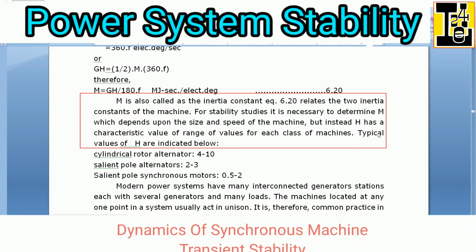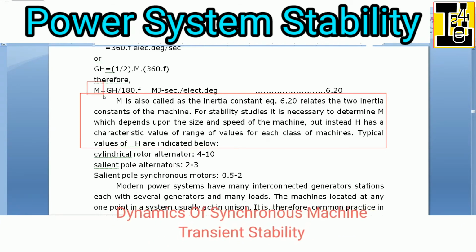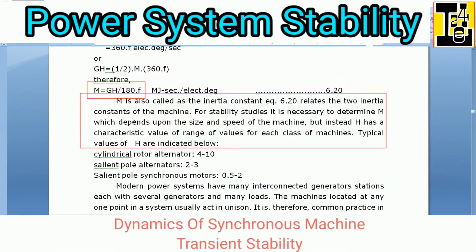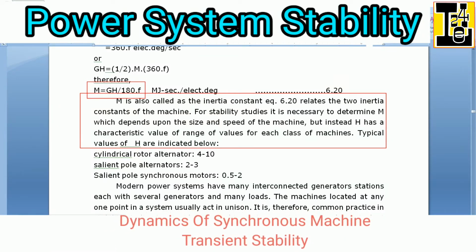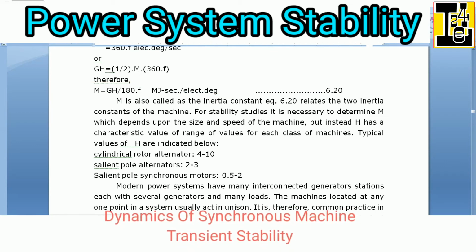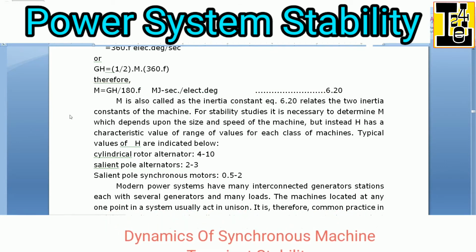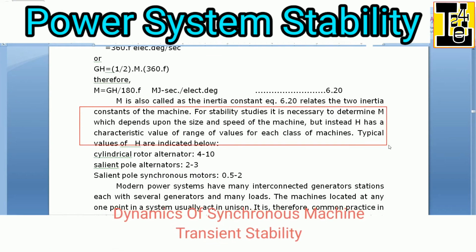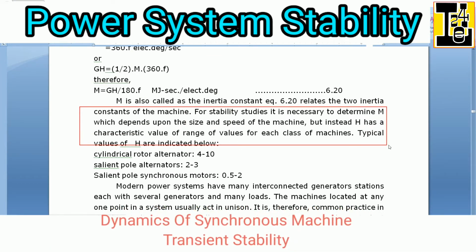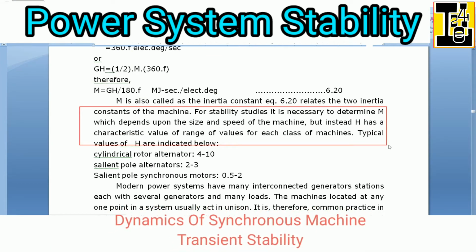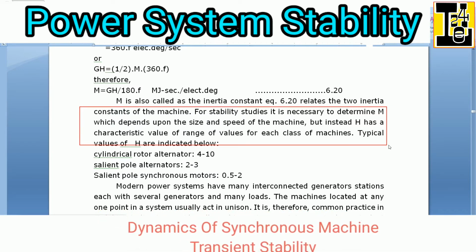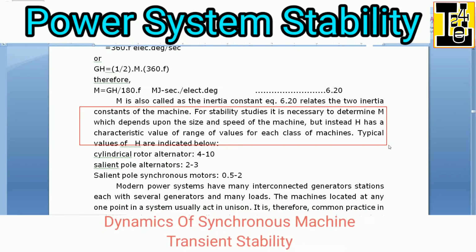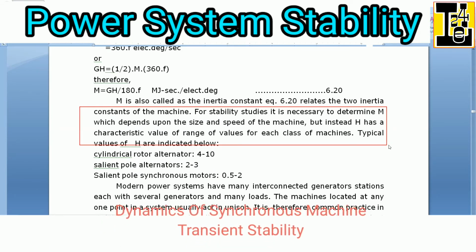Here the equation M equals G into H divided by 180 f relates the two inertia constants of the machine. For stability studies, it is necessary to determine M, which depends upon the size and speed of the machine, but H has a characteristic range of values for each class of machines.